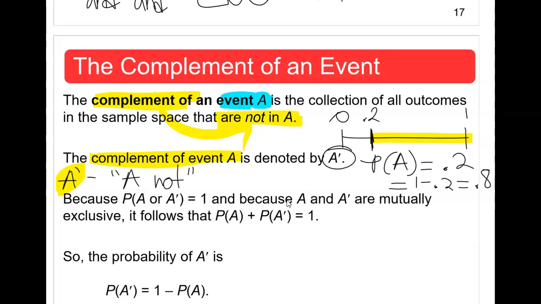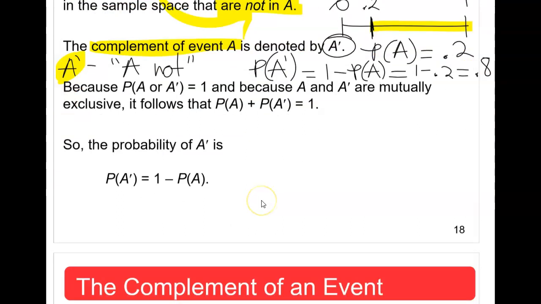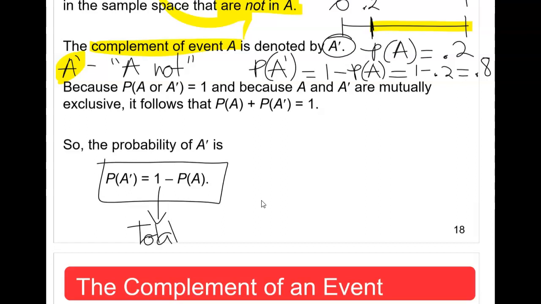The subtraction that we did here is the same as saying 1 minus the probability of A, and that is how we find the complement of a certain event. So you have the formula here. The probability of the complement of A will always be 1, which is the total, minus the probability of the certain event actually occurring.